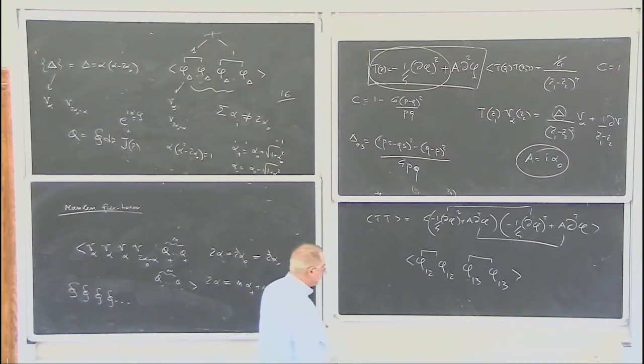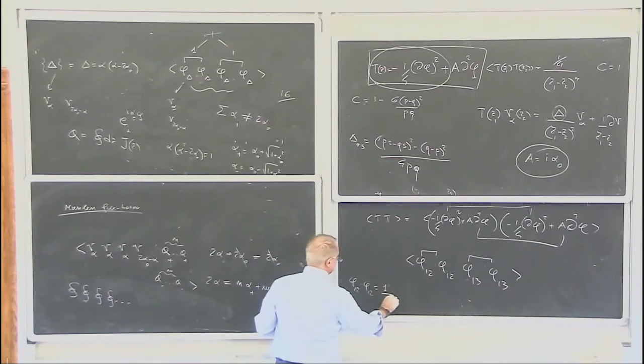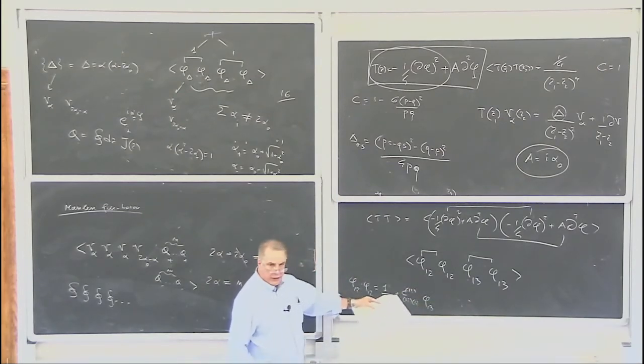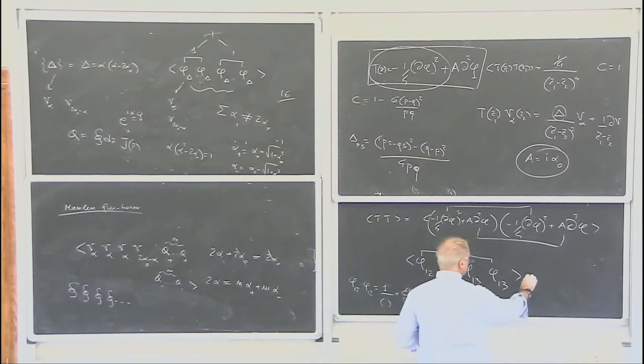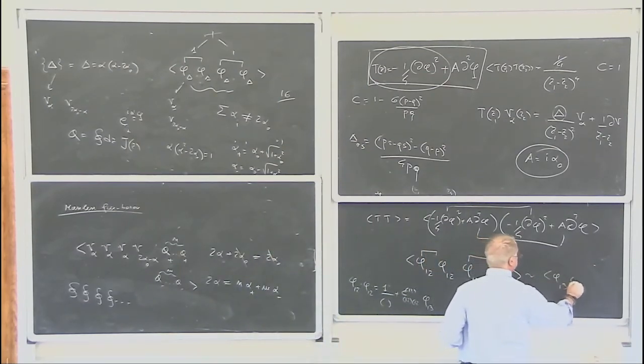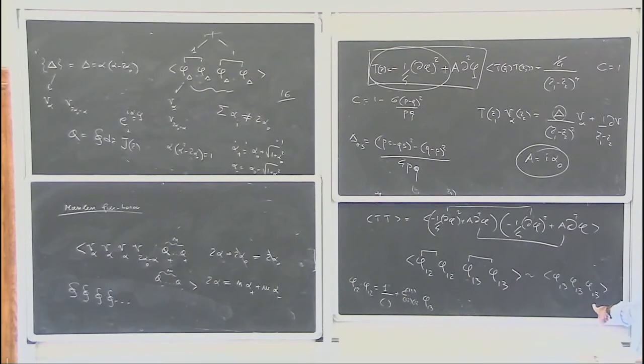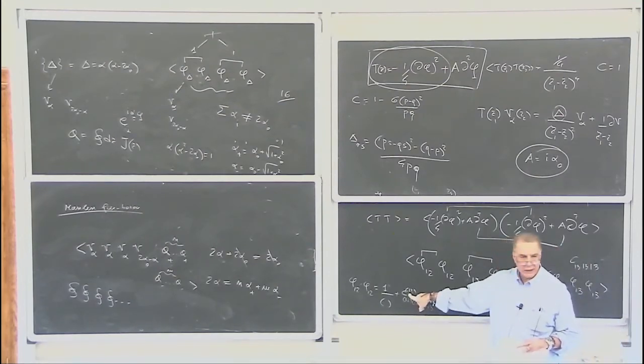But once I do it, phi12 is expanding identity plus structure constant C 12 12 13 phi13. So the corresponding residue will be proportional to phi13, phi13, phi13. But remember, the 3-point function is the structure constant. So this will be C 13 13 13. But here there are C 12 12 13.